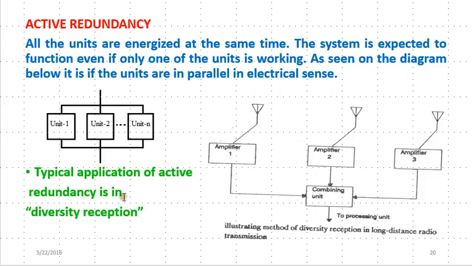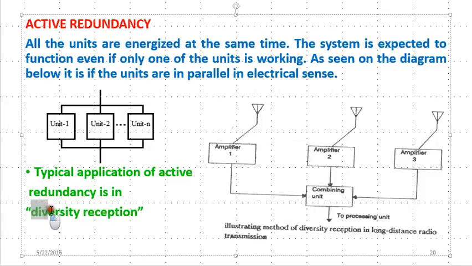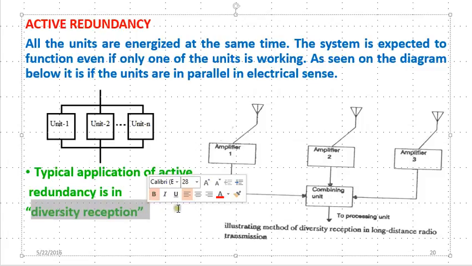A typical practical example of places where active redundancies are used is what we call diversity reception. This is a method of receiving signal from a large distance. We have antennas here, we have 3 of them. They are separated at a very large distance, and these antennas are the ones that will detect the electromagnetic energy, the radio signal, and what they detected is passed through amplifiers, amplifier 1, 2, and 3.